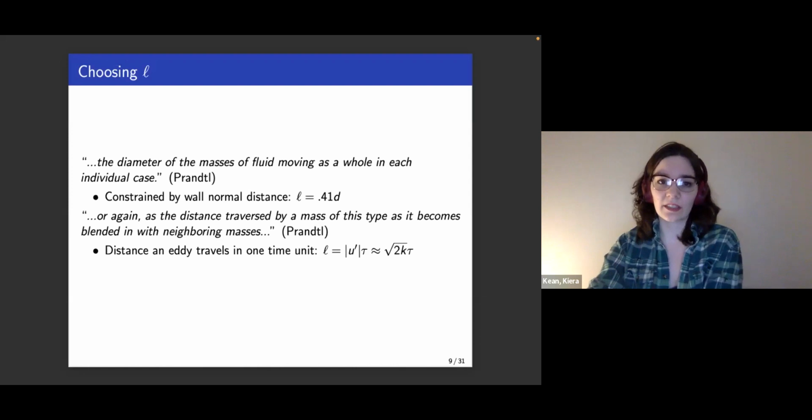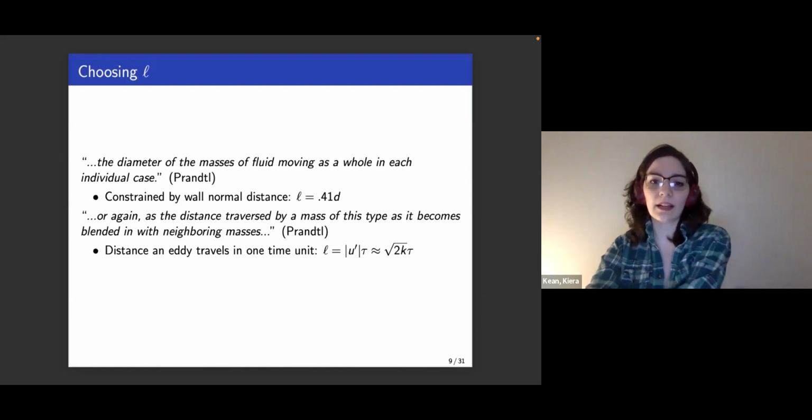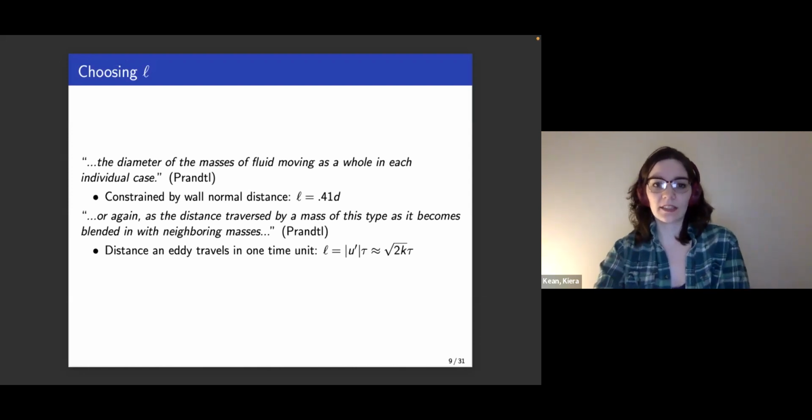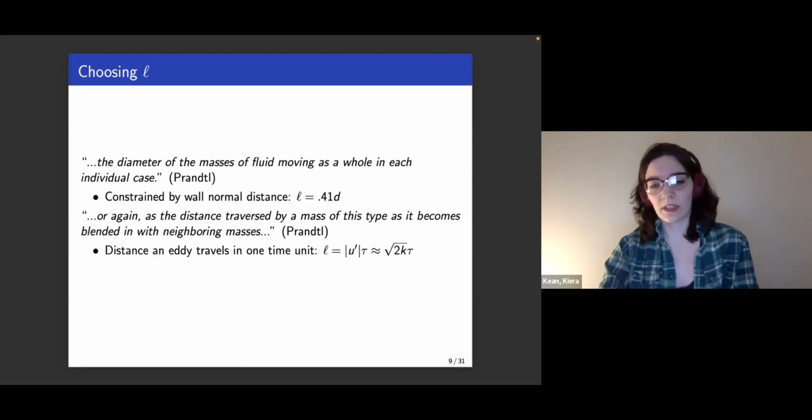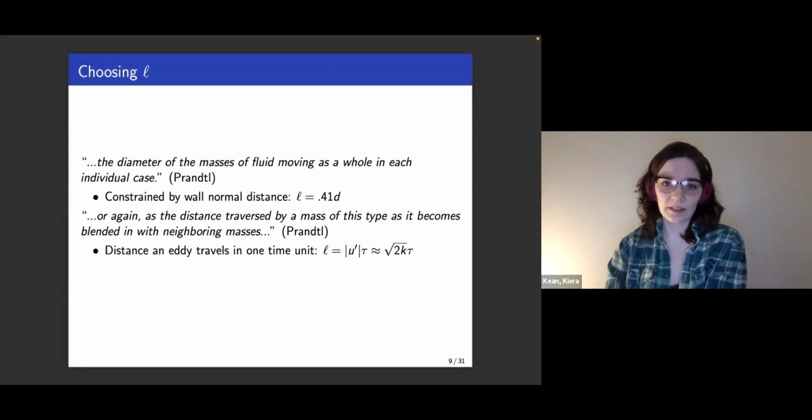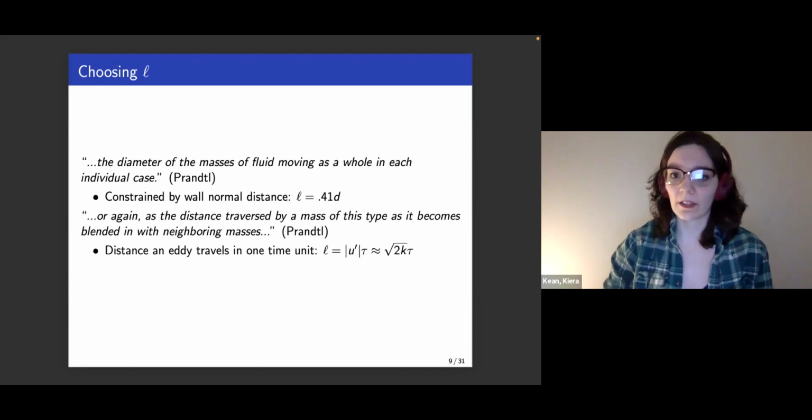We could also consider this kinematic length scale, where L is the distance an eddy travels in one time unit. So if we take U prime as our velocity and tau as our time scale, we can solve for L this way.